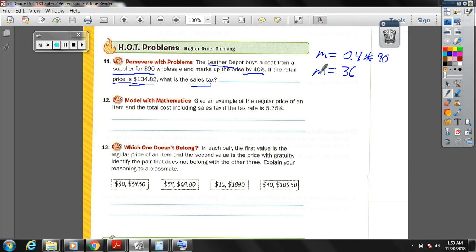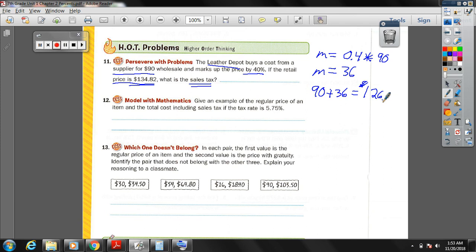So the markup is $36, which means this store sold it for 90 plus 36, which is $126. So we know that the store had it listed as $126.